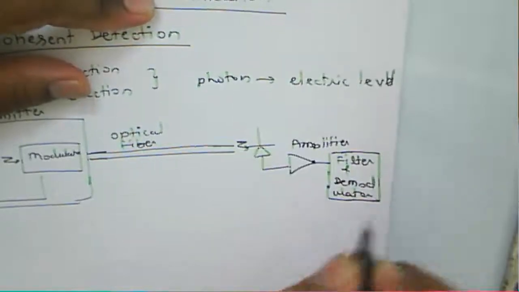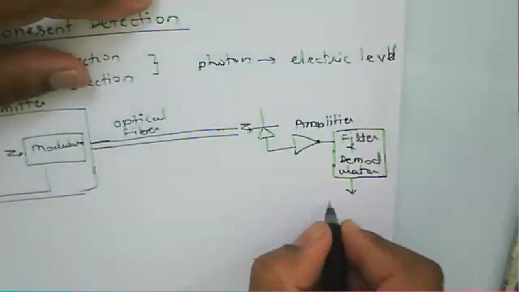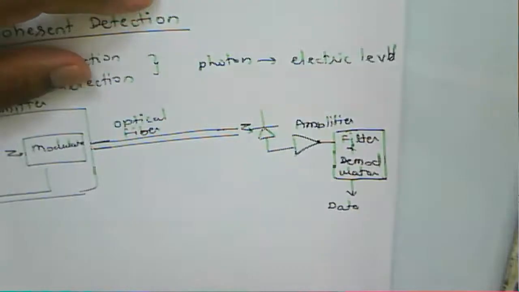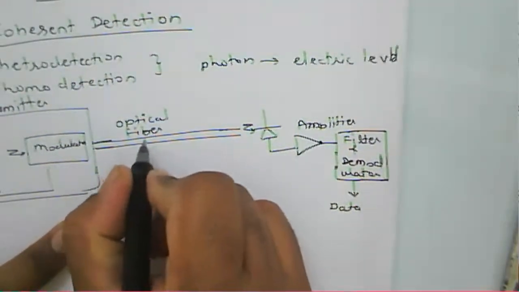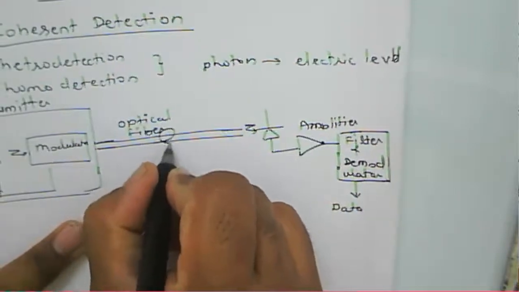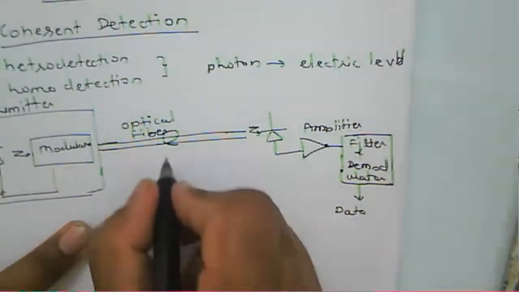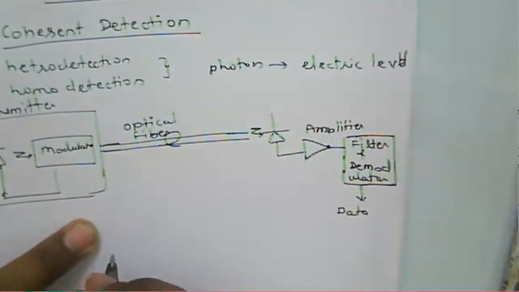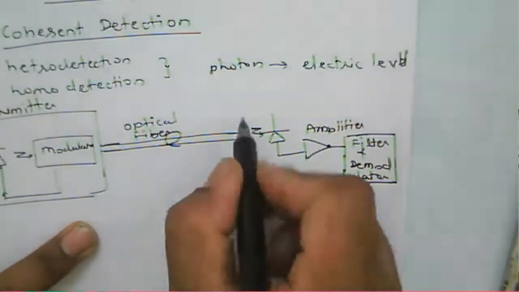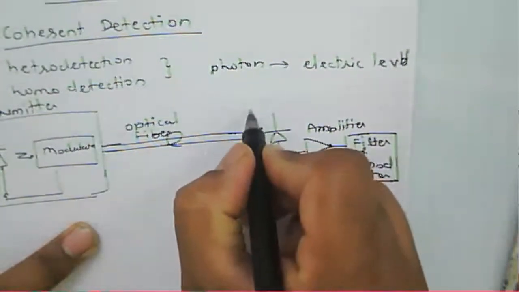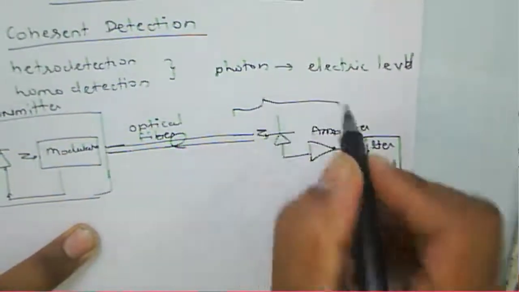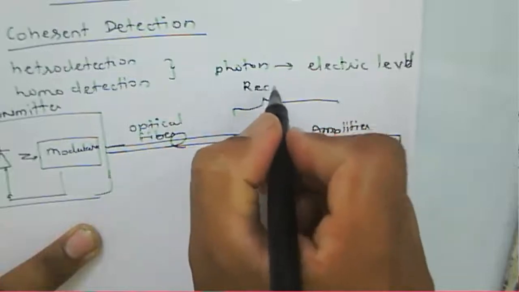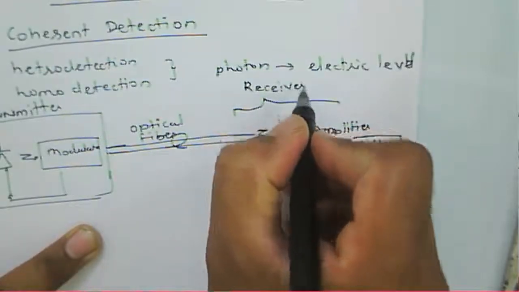And after that we receive the data. Generally, the length of the fiber is very large. And here we have this particular component at this site, which we can say is the receiver.